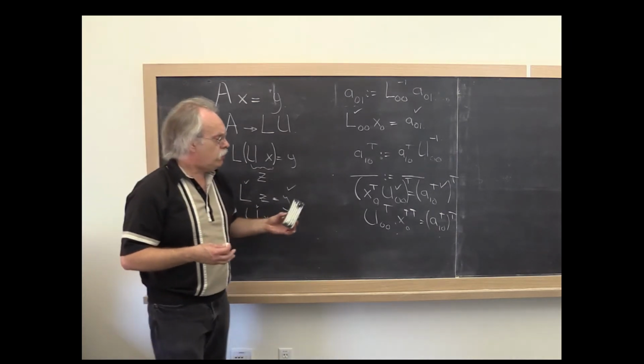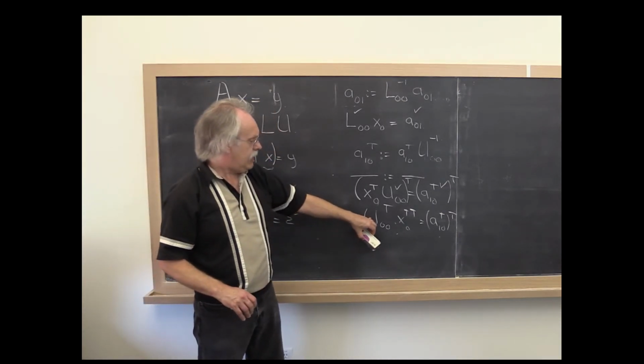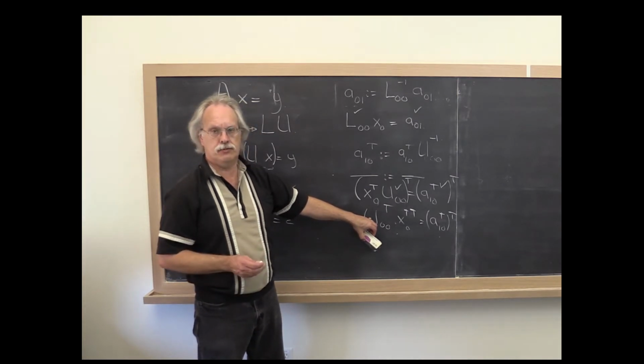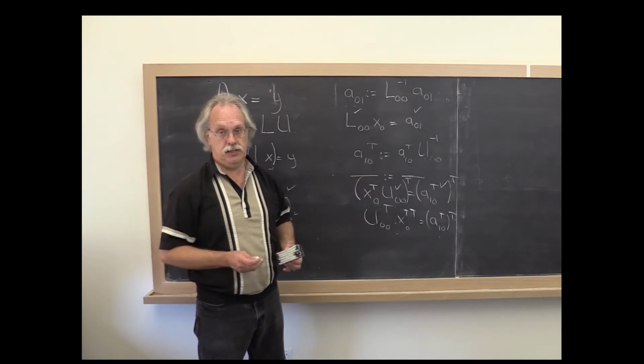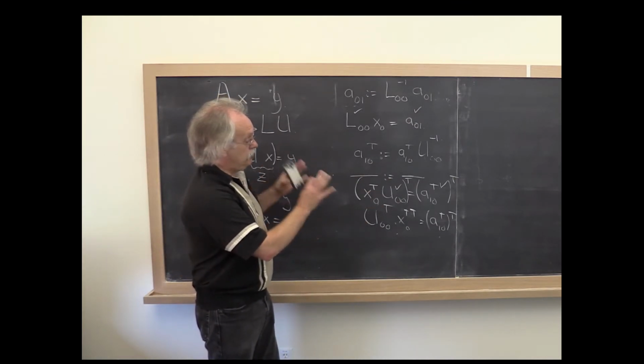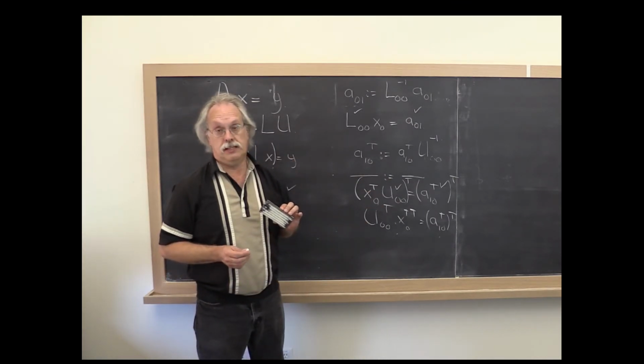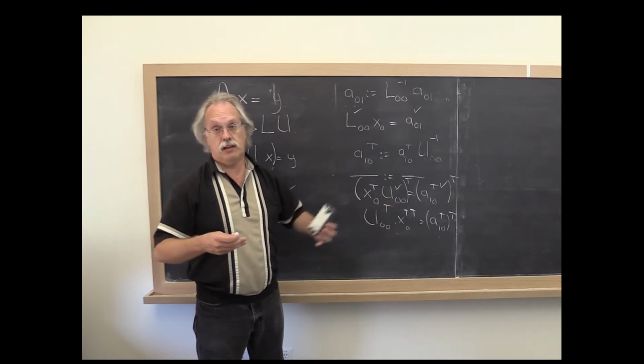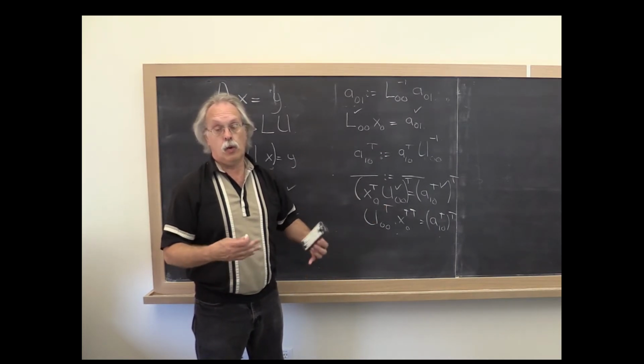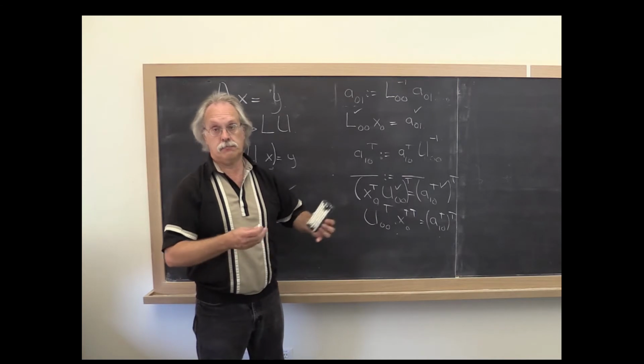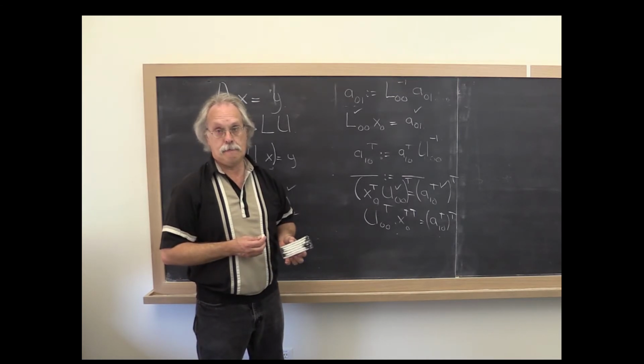Or you can say, well, wait a minute, we don't actually have to explicitly transpose the matrix. We can just compute with it as if it was transposed. And if you start looking at the partition matrix expression for something like this, you can simply come up with algorithms that work with the data where it's already stored without having to explicitly transpose.